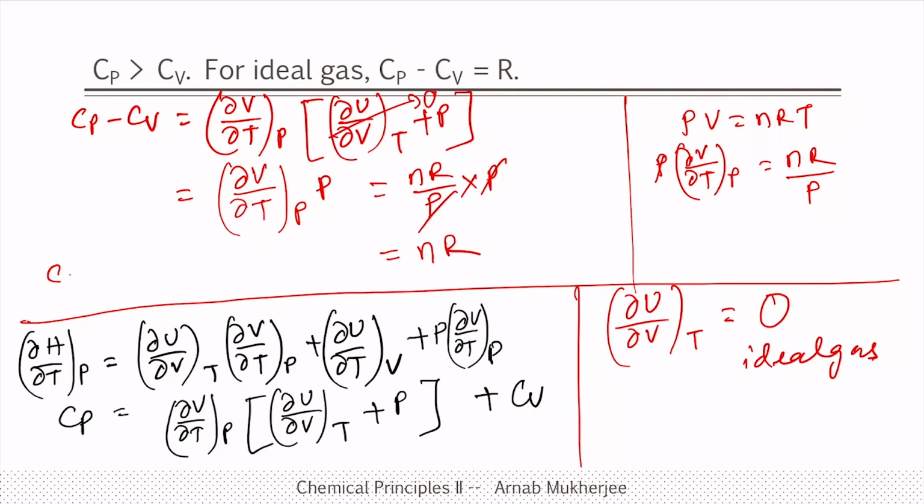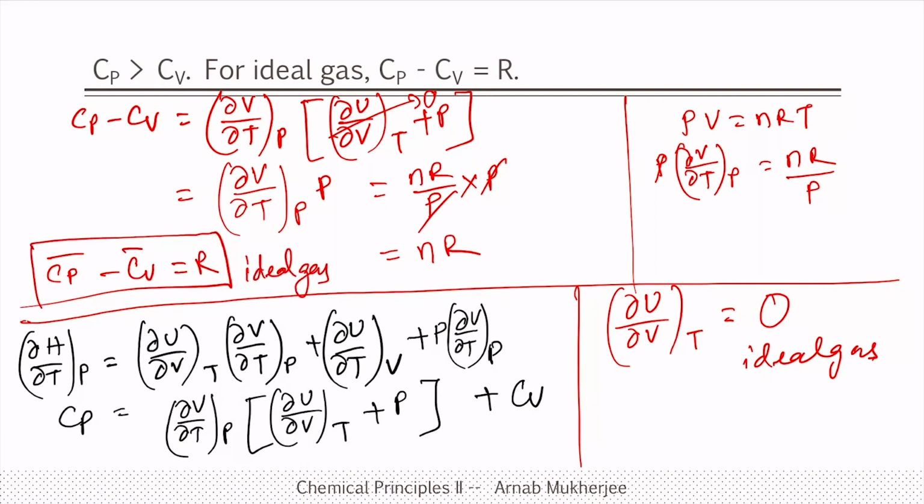So Cp bar, which is the heat capacity at a constant pressure for 1 mole, minus Cv bar, the same thing at a constant volume, is equal to R, for an ideal gas alone. By the end of the class we are going to do it in general, irrespective of whether it is an ideal gas or not, and you will see this quantity is going to be much more complicated.